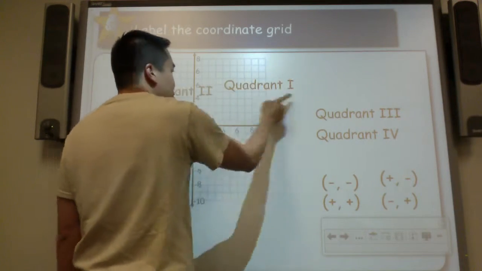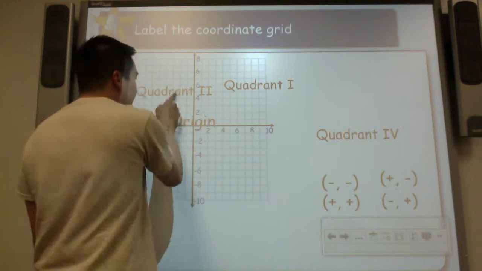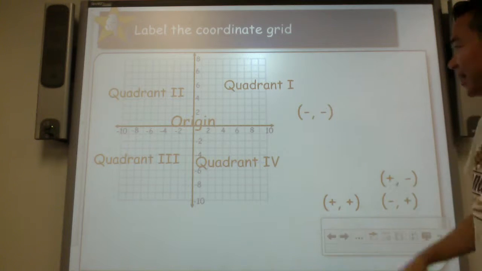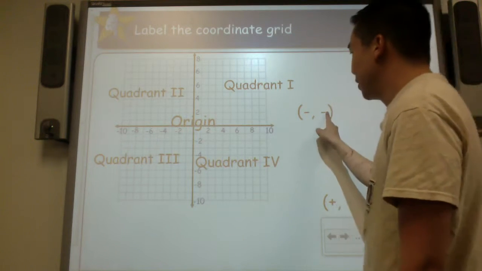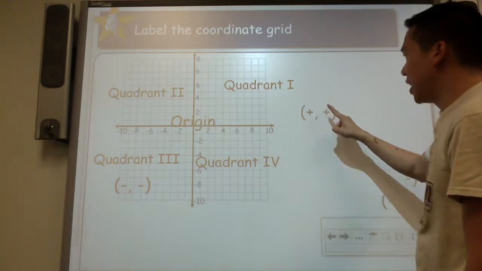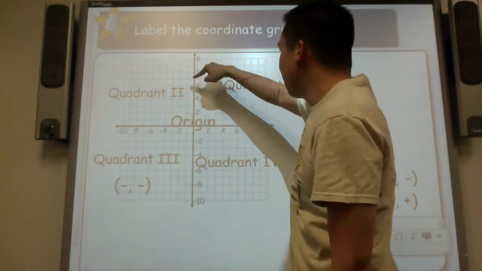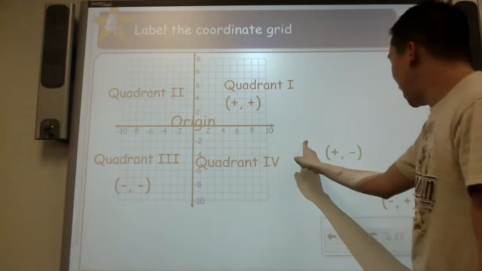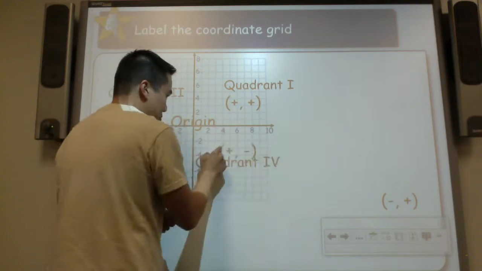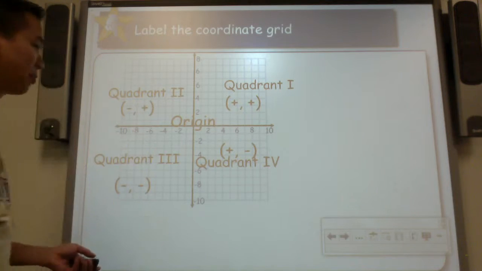Quadrant 1, quadrant 2, quadrant 3, quadrant 4. If you have 2 negatives, where would that be? Negative, negative. Quadrant 3. Both positive. Positive numbers here, positives here, so it must be here. Positive, negative. Positives are here, negatives here, so it must be here. So that leaves this one, negative, positive.